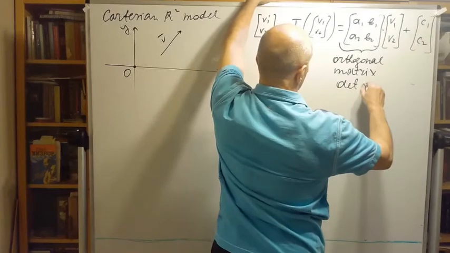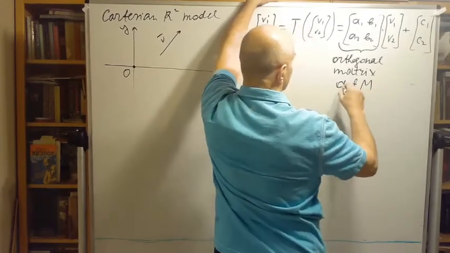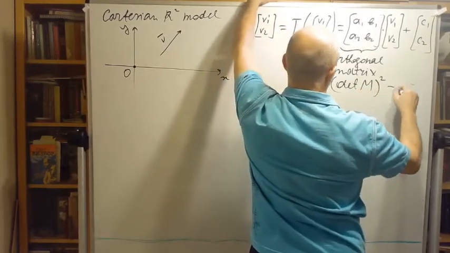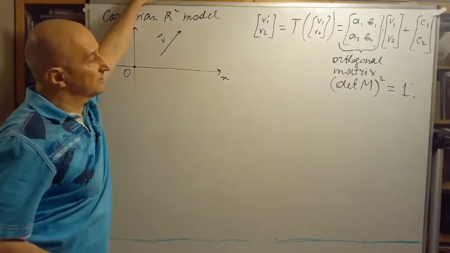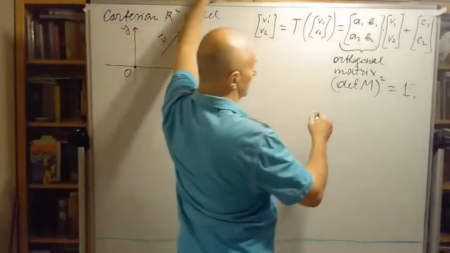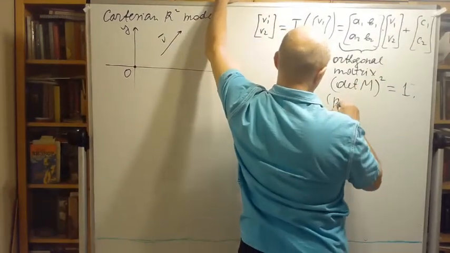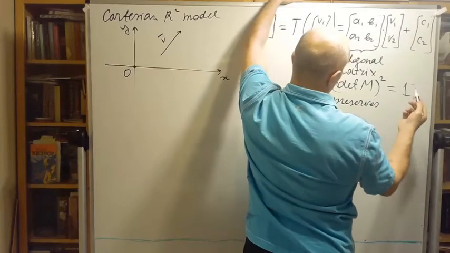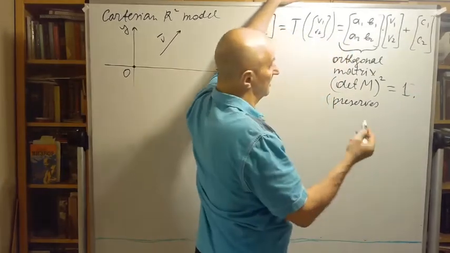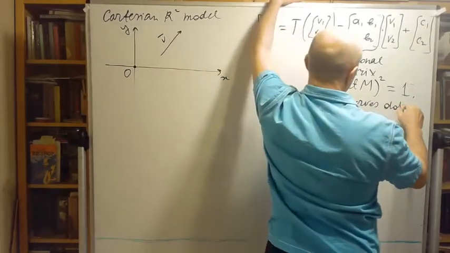The determinant of this matrix squared is equal to 1. So it does not change areas, does not change distances. It preserves distances, preserves areas, preserves, you can say, dot product.